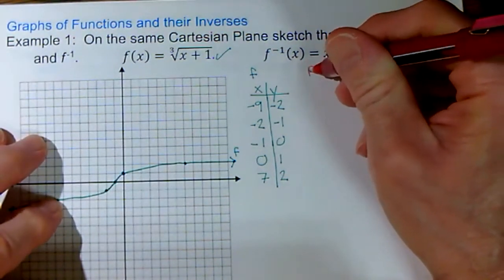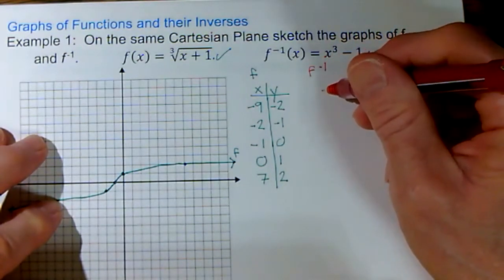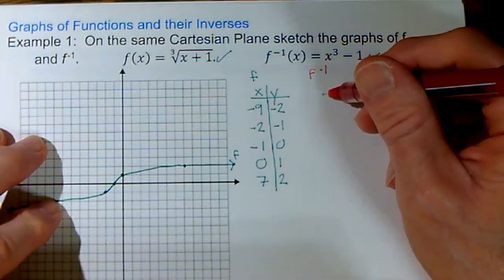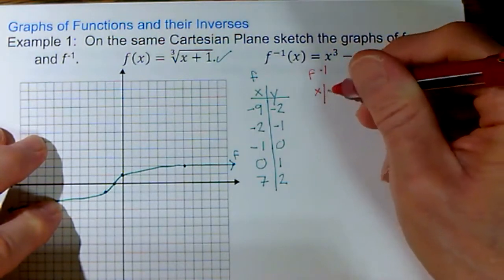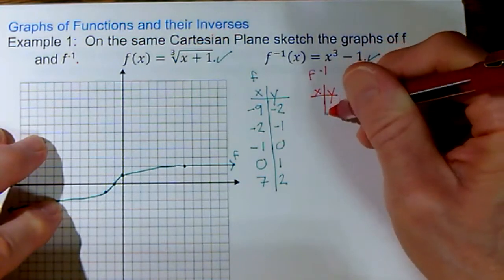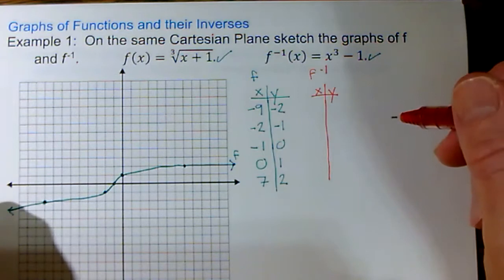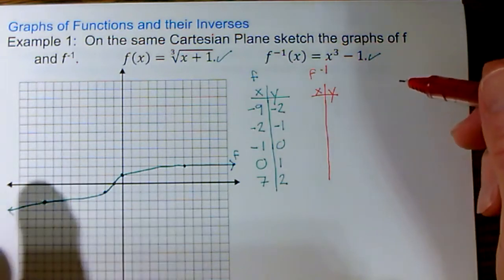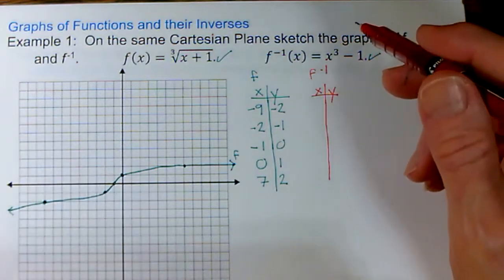But I can also build on the definition of an inverse and realize that once I have some ordered pairs for f, I really have some ordered pairs for f inverse too. Because what's the definition of the inverse of a function? It's a set of ordered pairs formed by reversing the coordinates of the ordered pairs.